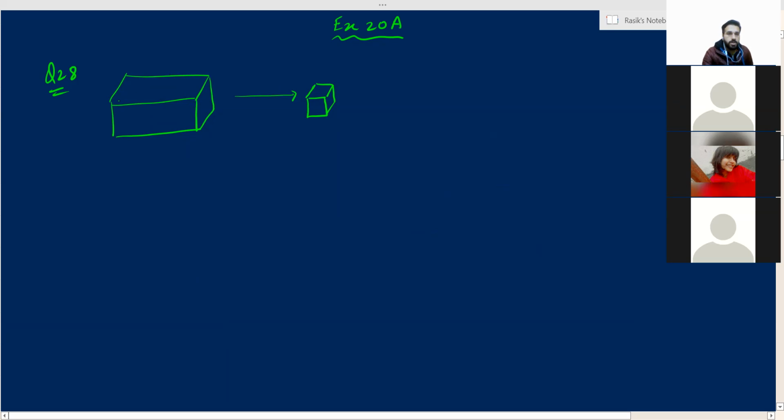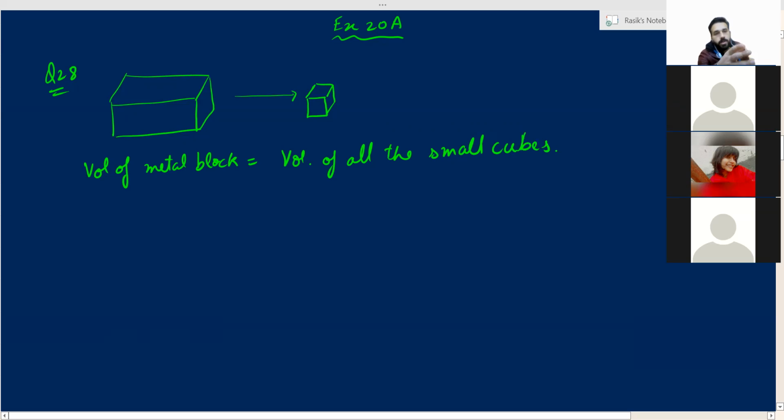So the concept is that the volume of this metal block will be equal to the volume of all these small cubes, because these small cubes are made of the material which is melted from the block only.